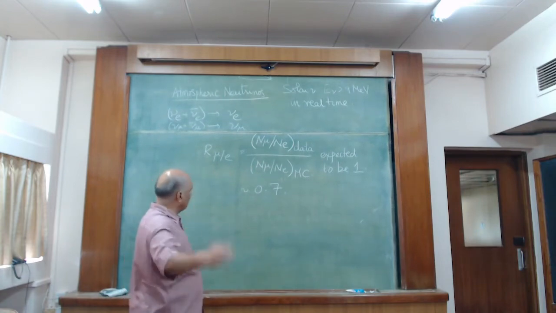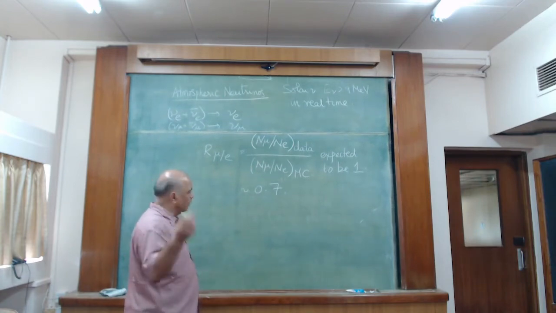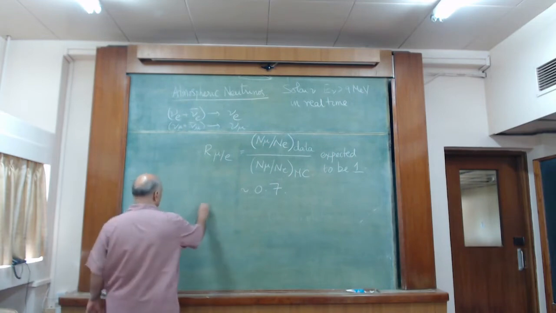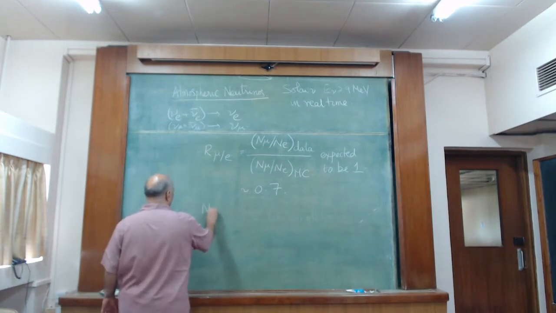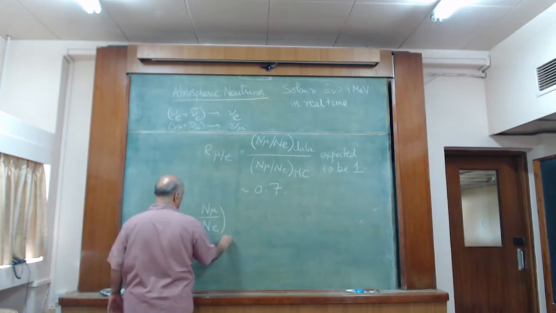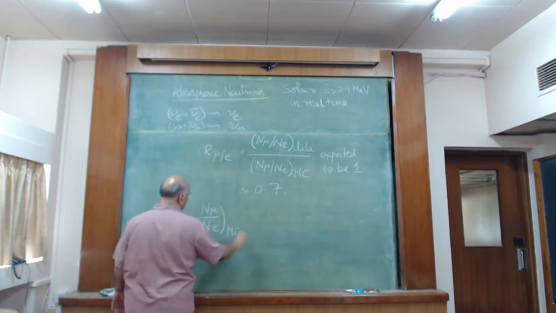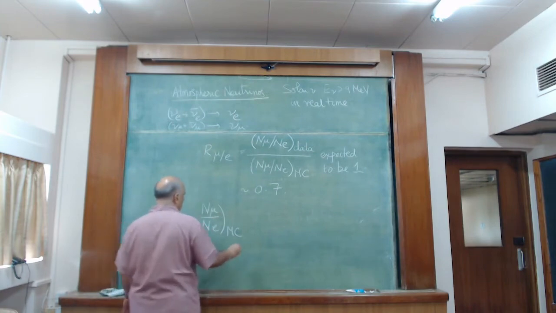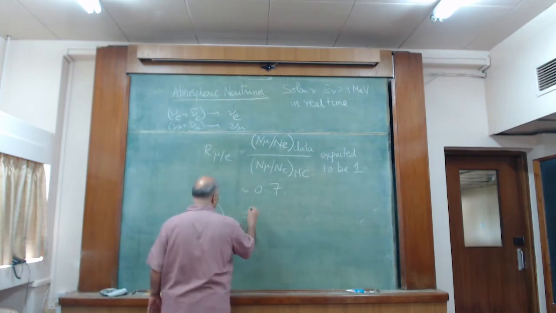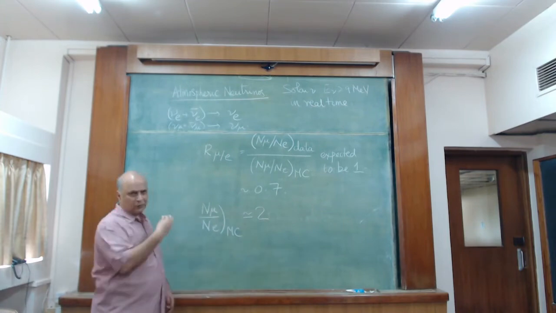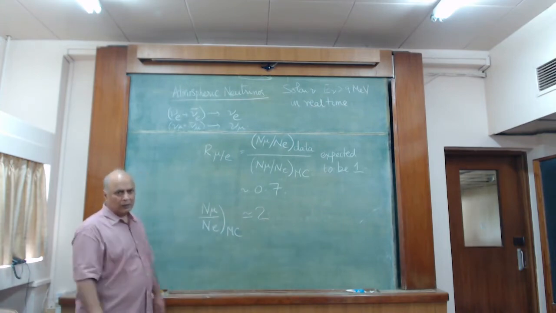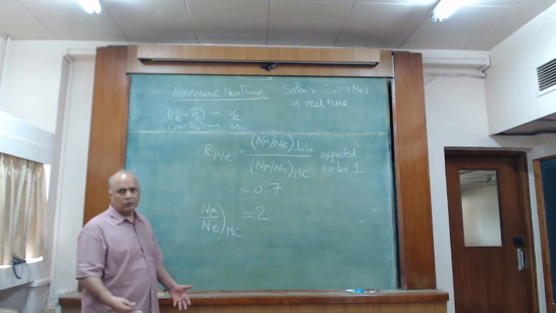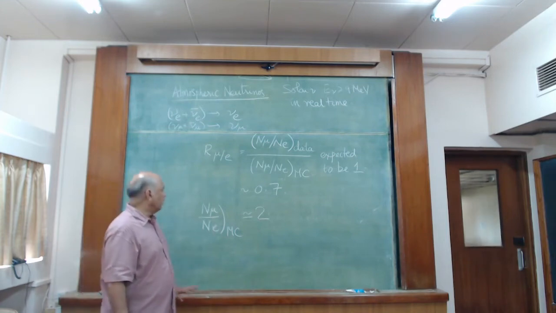And coming back to what you said, nu by ne, Monte Carlo, yeah, we expect it to be 2 because, as we discussed, there are 2 muon neutrinos for every electron neutrino.